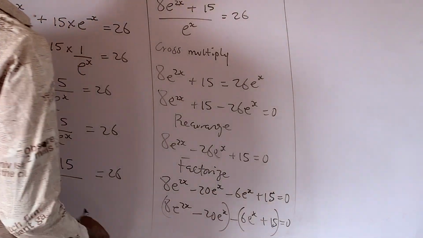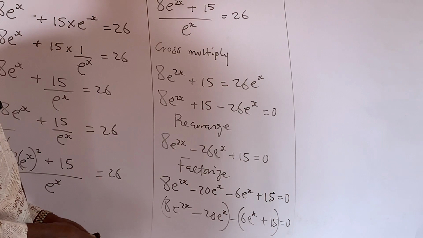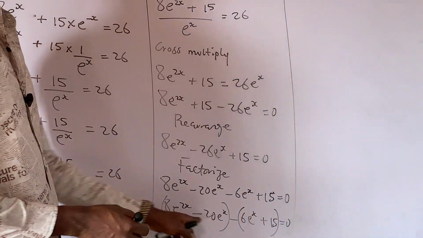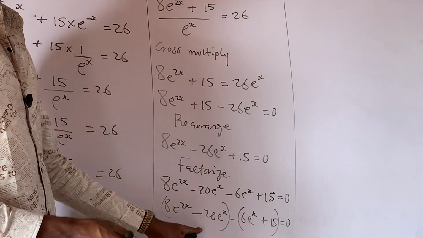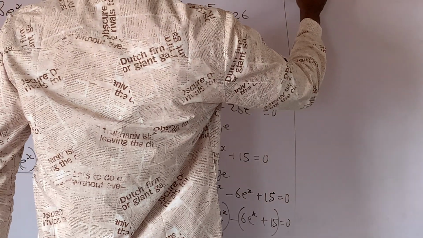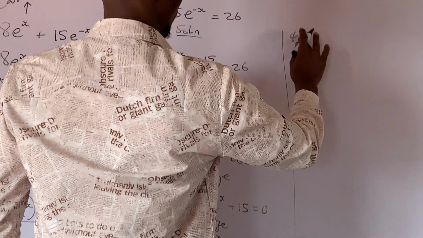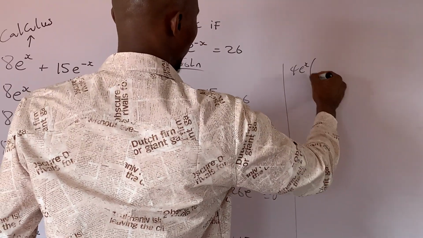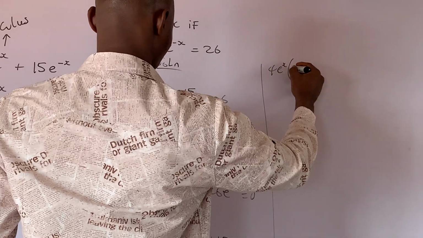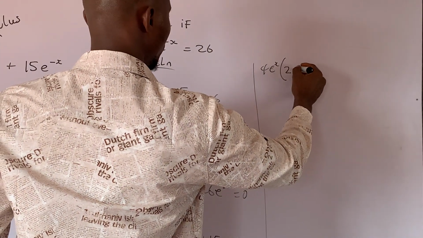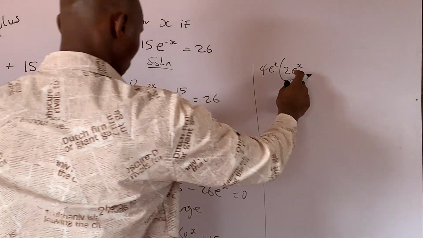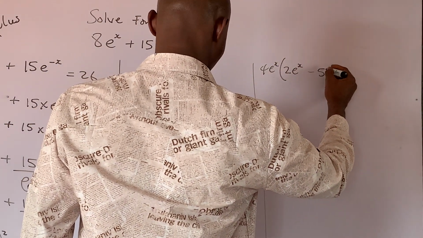So you group them. When we group them, common factor here is 4 exponential. So here becomes 4 exponential into bracket 2 exponential function, then minus 5.